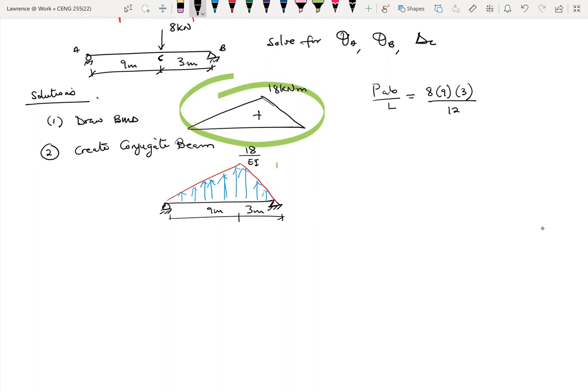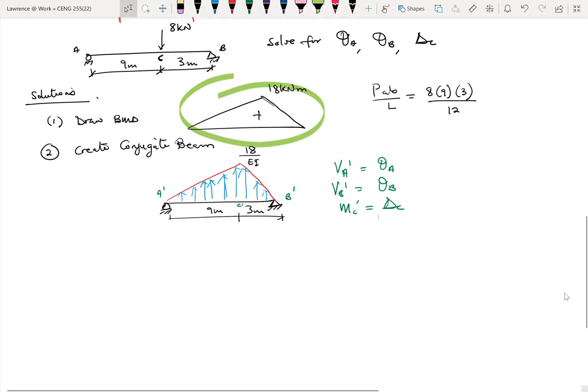And if here was A, let me call this A prime and B prime, just to indicate that they are in the conjugate beam. So it means that if I find VA prime, it relates to the same as finding theta A. If I find VB prime, the same as finding theta B. And then if I find the bending moment at C prime, then that will be the same as finding the deflection at C. And that's the idea.